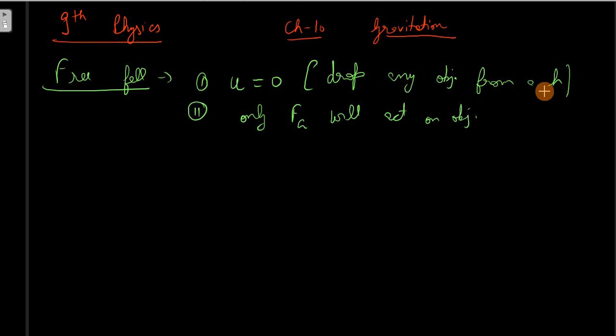So for that, initial velocity must be 0 and only the force of gravitation acts on the object, and we know that force is equal to mass into acceleration. So the force of gravitation must be equal to mass and acceleration. The mass of the object is constant, so there must be an acceleration which is due to gravity.